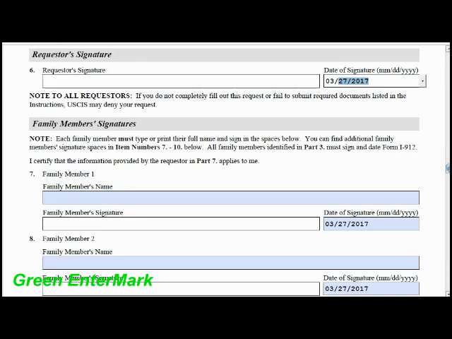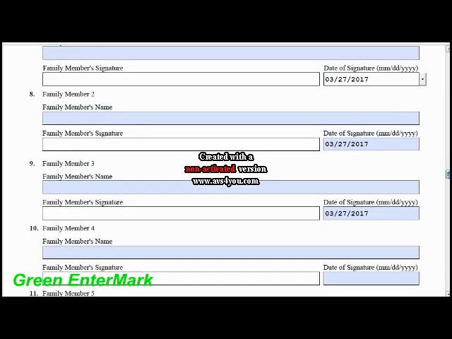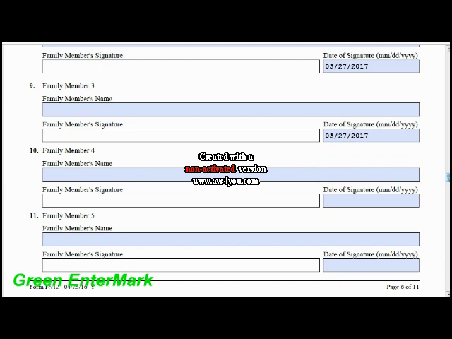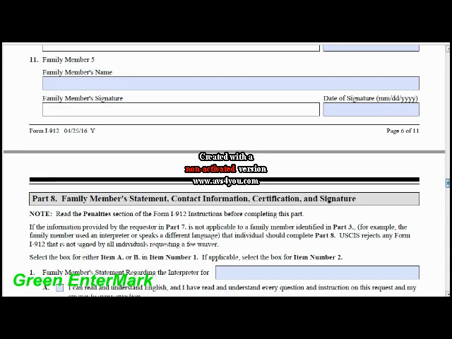Then the family members who are submitting this form with me for the fee waiver process, I have to mention their names and get the signature of each family member in this column, along with the date. Two or more, the total number of family members, names, signatures and dates of signing you have to mention in this part 7.